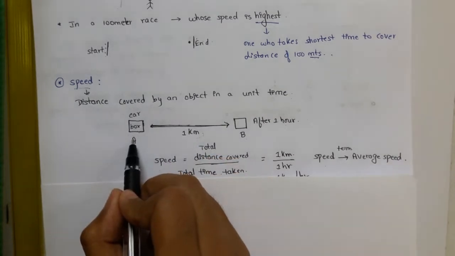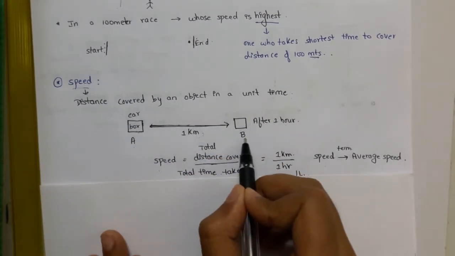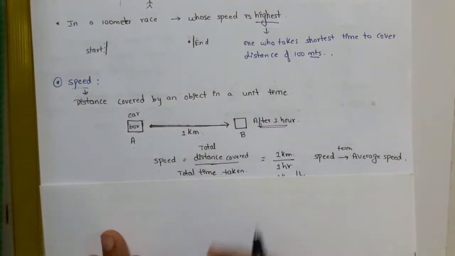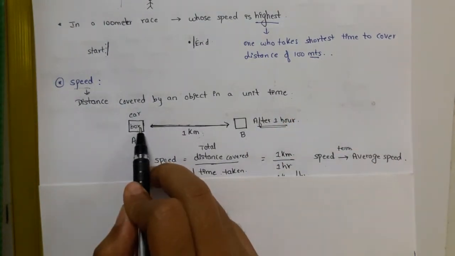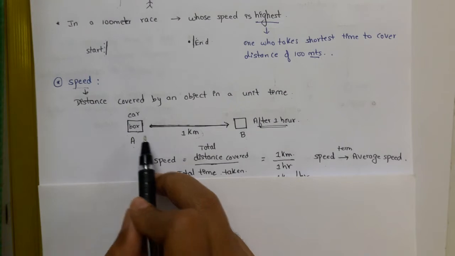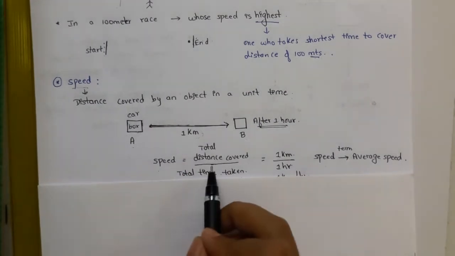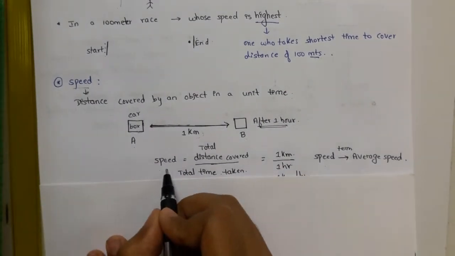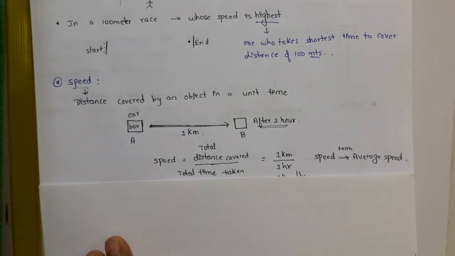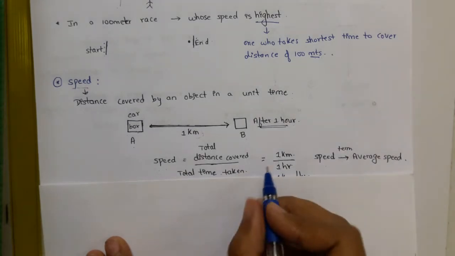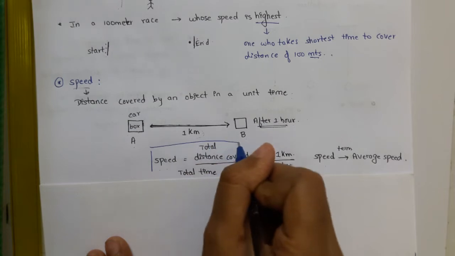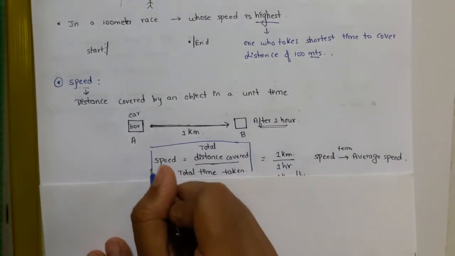Suppose the car reaches point B after 1 hour. What will you tell the speed of the car is? We can calculate it using the formula: speed is equal to total distance covered upon total time taken. So this is the formula for calculating speed.